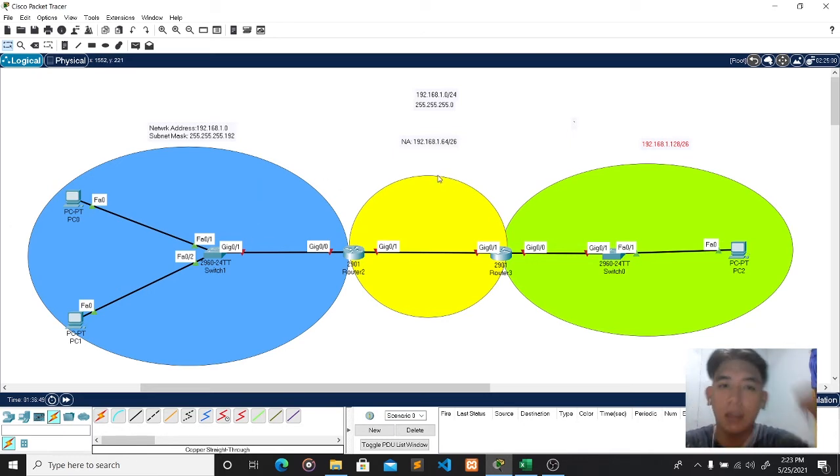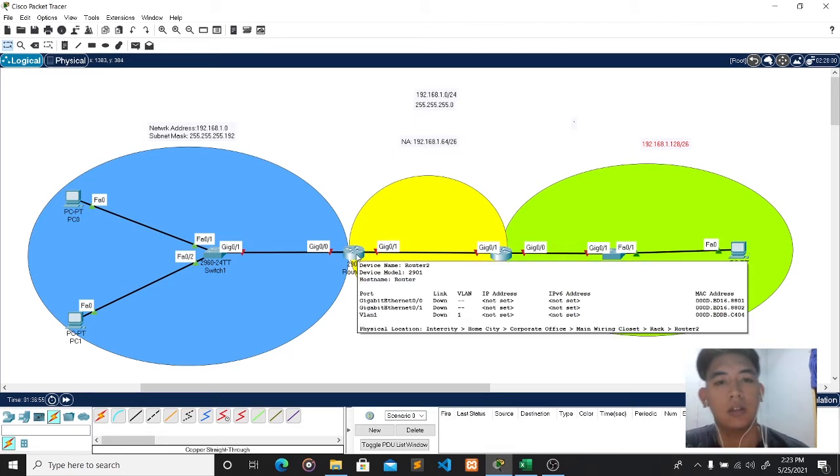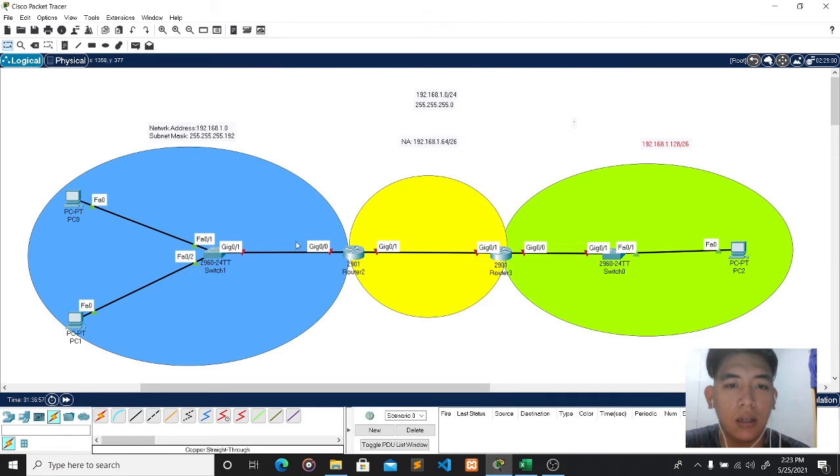Lalagyan naman natin ng mga IP address yung mga every devices. So since router 2 ang network dito is sa network 1, sa gigabit 0/0, ang network is 192.168.1.1.